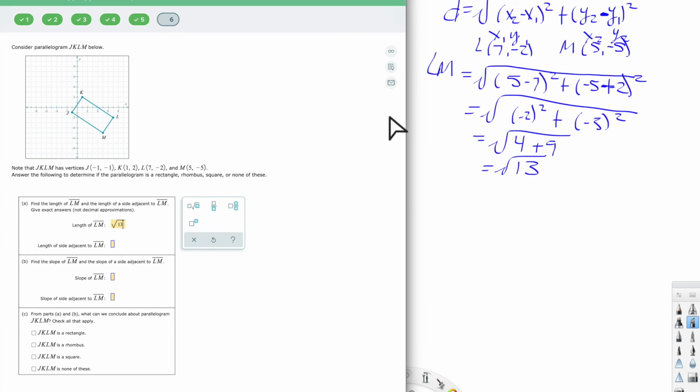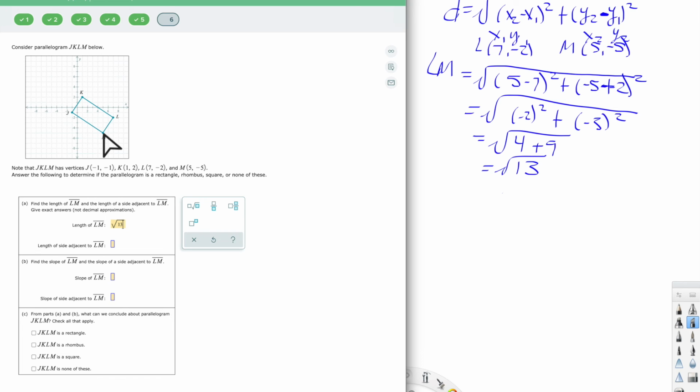Now I'm going to find the length of a side adjacent to LM. They don't care if it's JM or KL. You get to choose. It just says a side adjacent to it, meaning right next to it. They don't want the opposite side. They want a side right next to it. What we're doing is testing whether the consecutive sides are congruent.